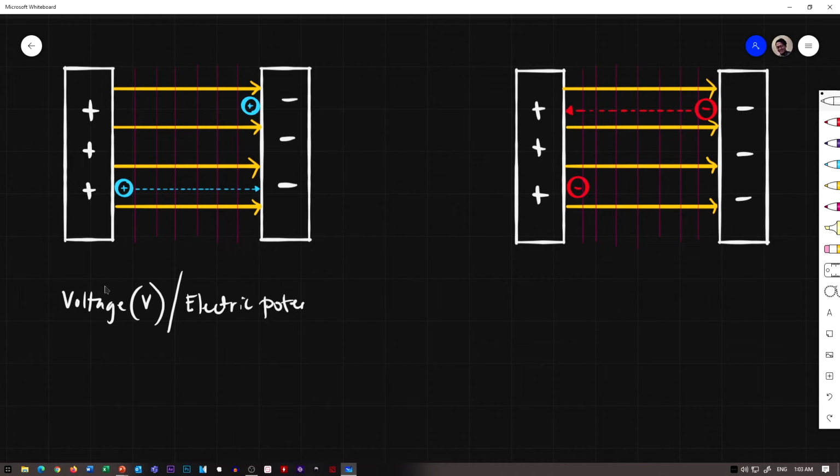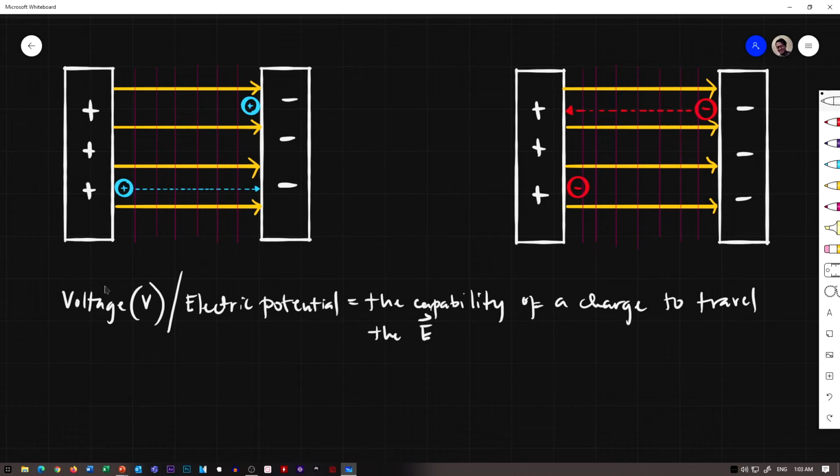Alright, so this is the capability of a charge to travel the electric field.